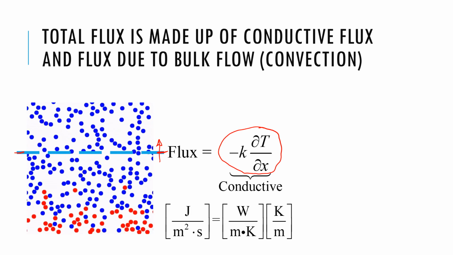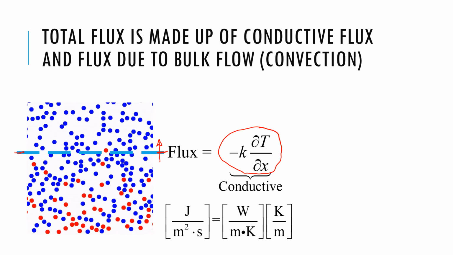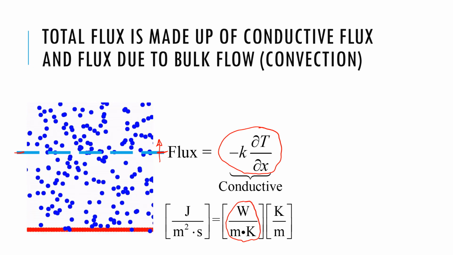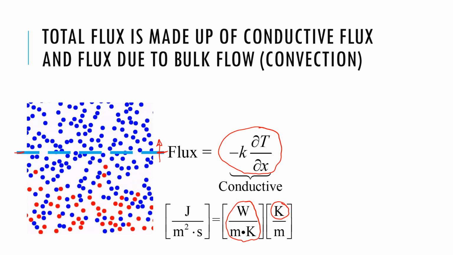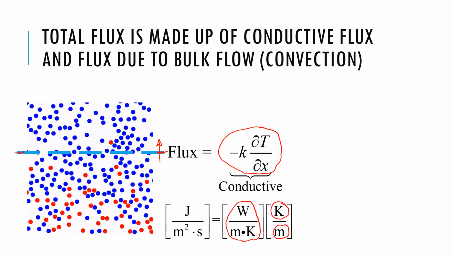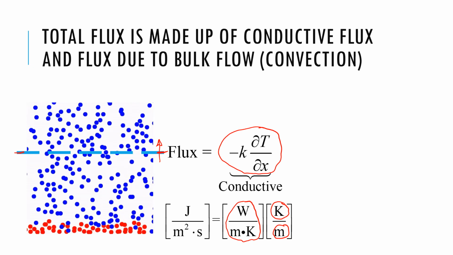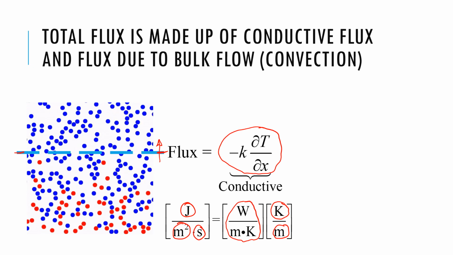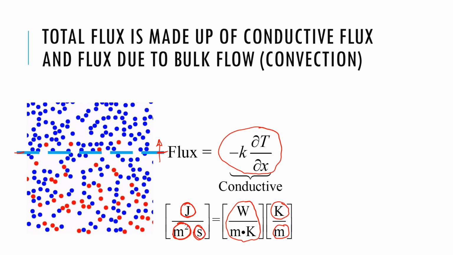And if we look at the units, it's a flux because k, the thermal conductivity, has units of watts per meter per degrees Kelvin, and del T del x is degrees Kelvin per unit distance. That gives me joules per meter square per second. So it is a flux: energy, joules, per unit area per unit time.